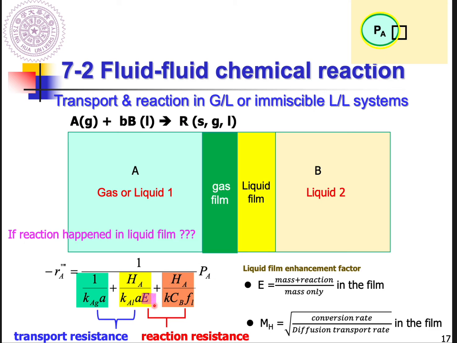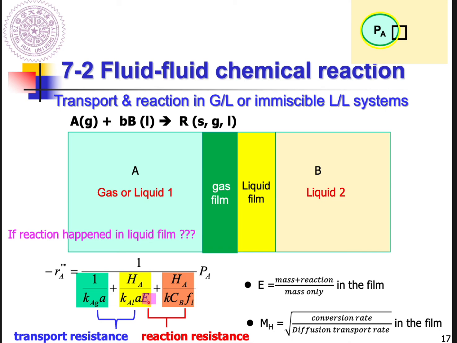So the modified term E here helps you to what? It tells you that after you add this modification term, this term can cover mass transport and also a chemical reaction simultaneously happening in this liquid film layer.